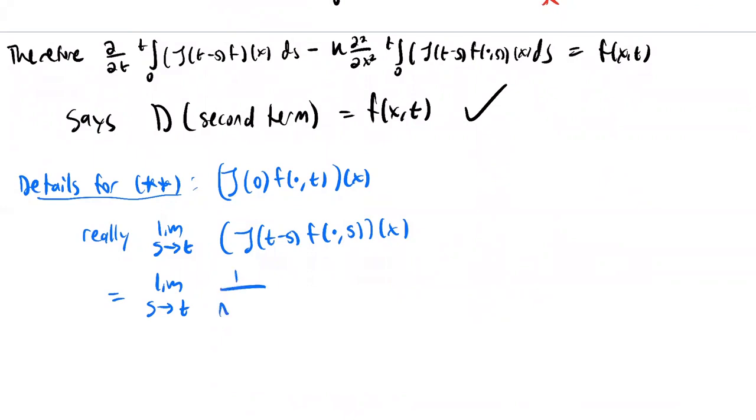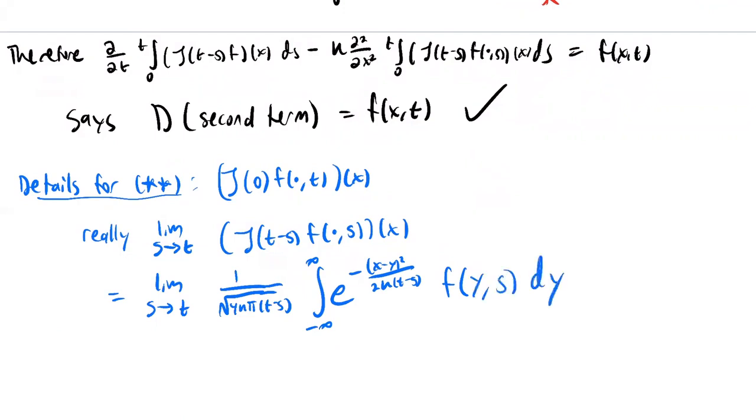So I have 1 over square root 4k pi t minus s, integral from minus infinity to infinity of e to the minus x minus y squared divided by 2k t minus s, right? I'm replacing t everywhere by t minus s. And then I have my function f, which, right, depends on s also. Right, so this is actually what we had here.